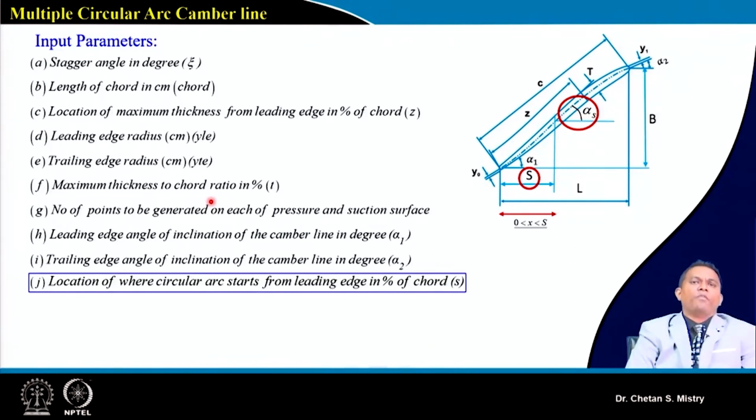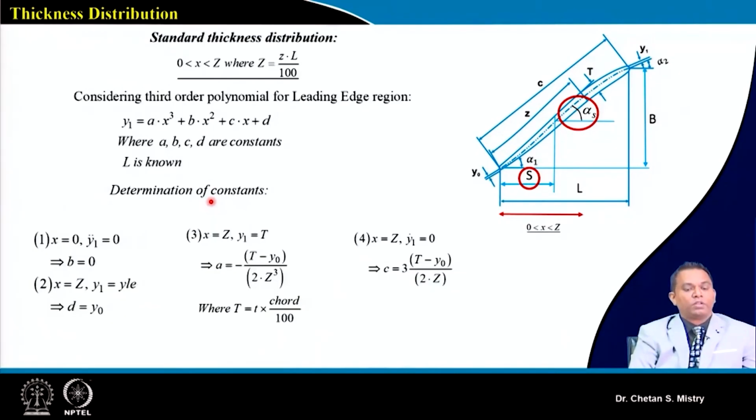So once we are ready with our camber line, the very next question is how do we put our thickness. So let's move towards the distribution of the thickness. For transonic aerofoils, especially when we are considering the thickness distribution, it is defined in terms of a third order polynomial.